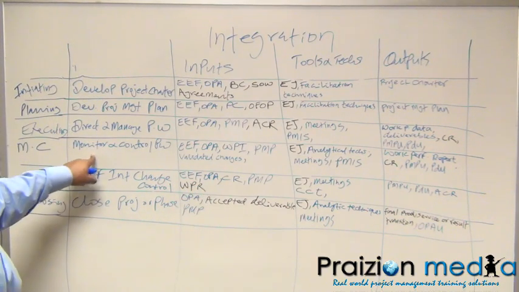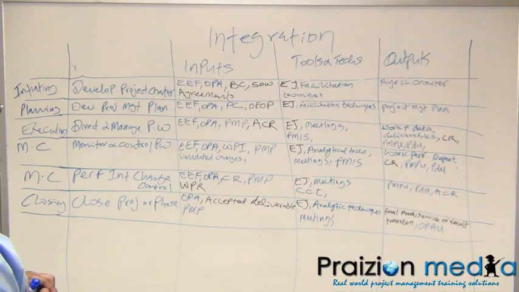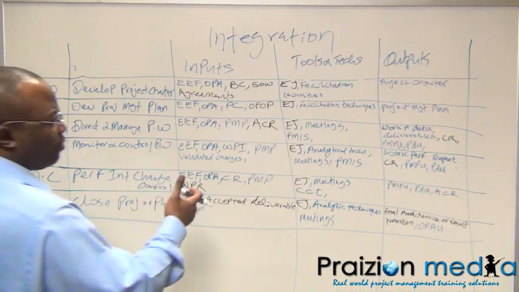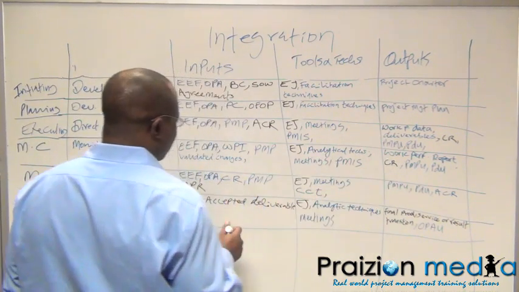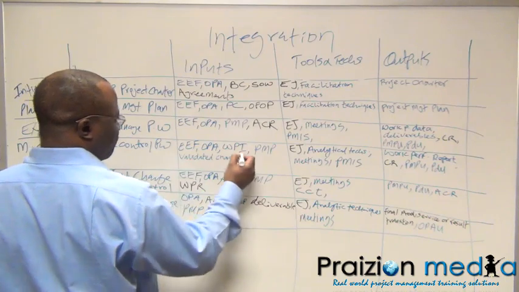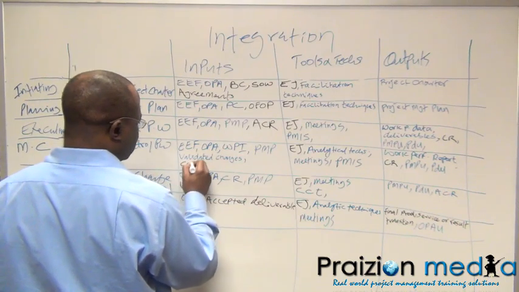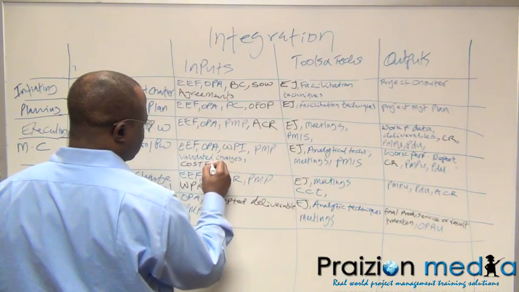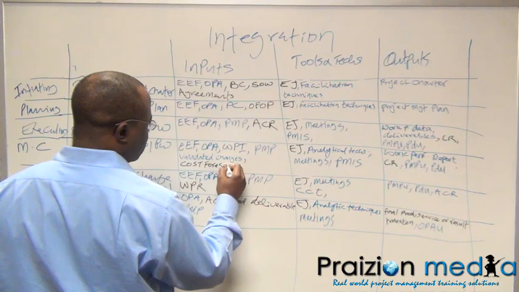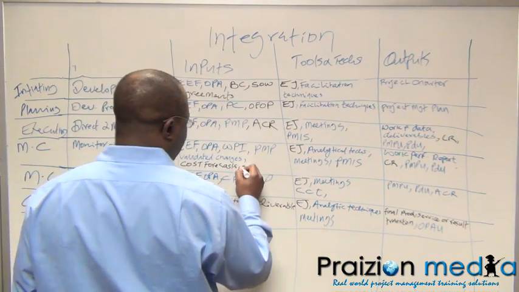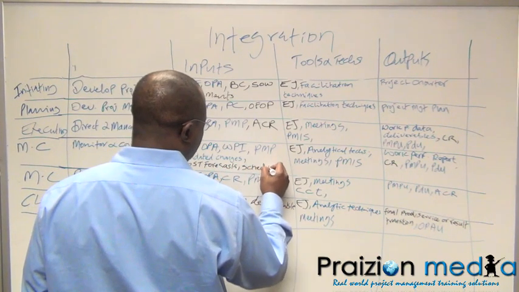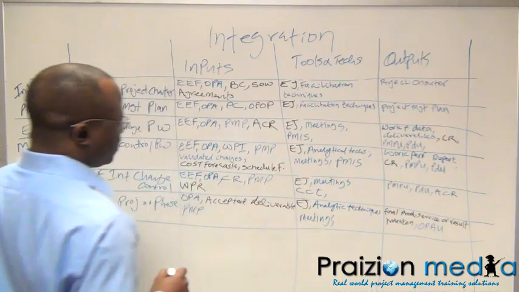And let's also remember that in monitor and control project work, a few things that enable us to churn out one of those reports is your cost forecast, and your schedule forecast.